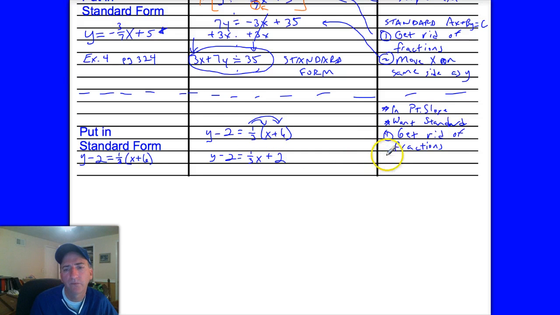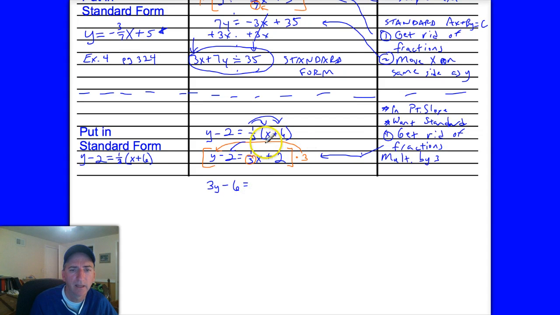Now, to get rid of the fractions, what we want to do is multiply by 3, because 3 is the denominator right there. So we're going to multiply every term in this equation times 3. 3 times y is 3y, minus 3 times 2 is 6.